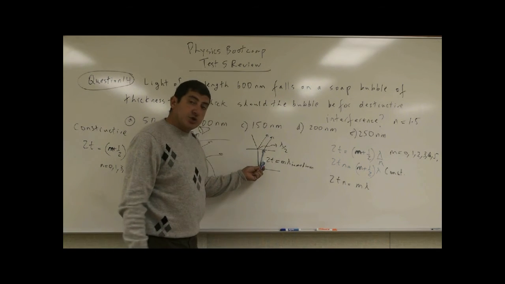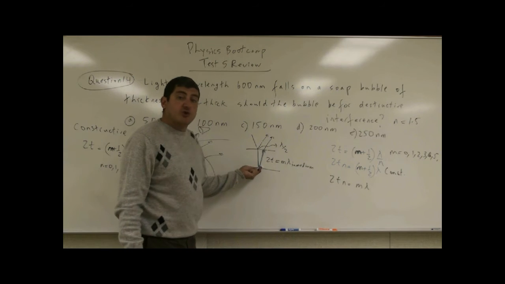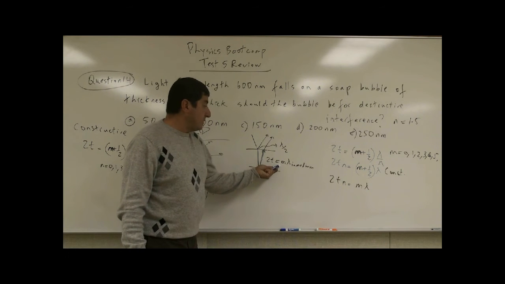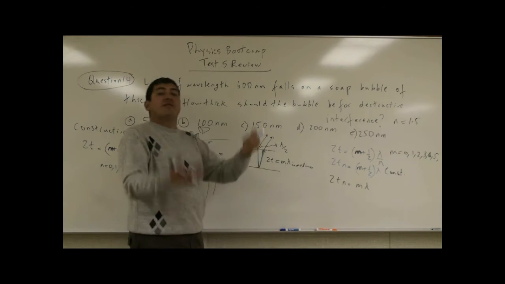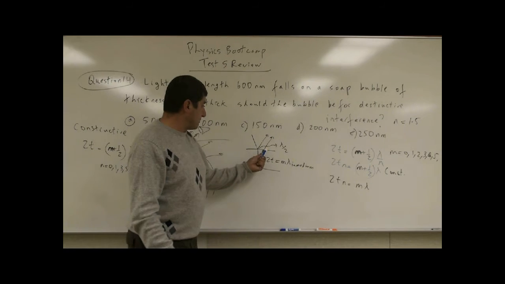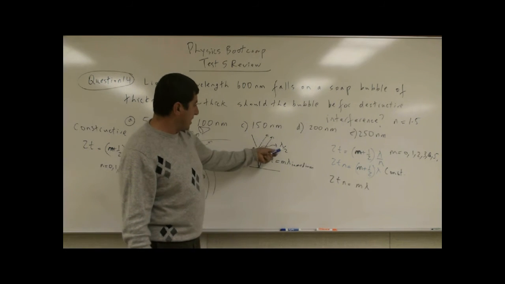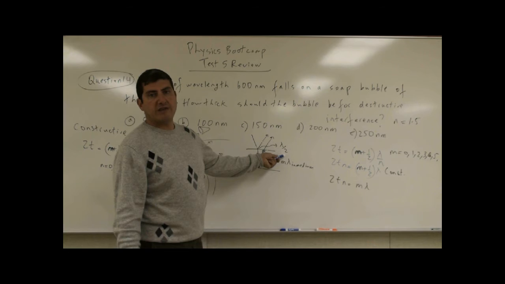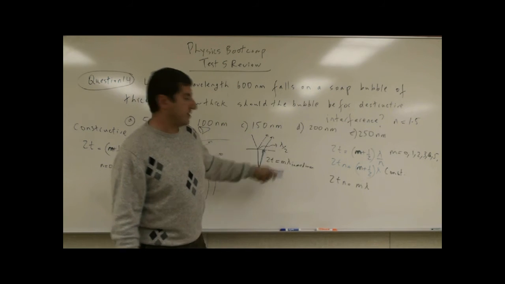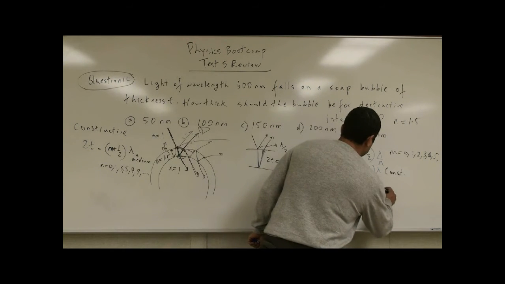So if the extra length that the second wave traveled happens to be an integer multiple of its own wavelength, when it comes back to here, it's got to be out of phase with the original one by how much? By half a wavelength, and you're going to have destructive interference. So this one is going to be destructive.